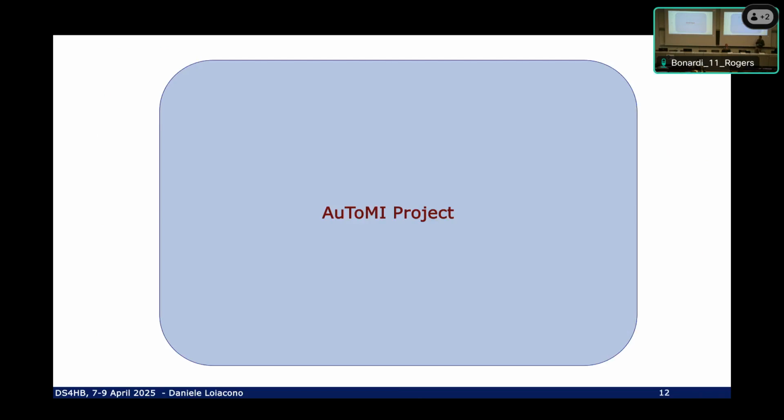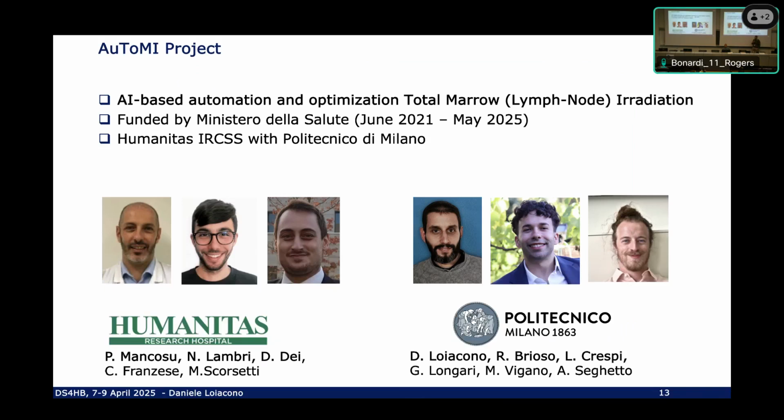The applications I'm going to present now are part of a project I was involved in, so I just wanted to mention something about this project. The Automi project is a project funded by the Ministero della Salute, started in 2021, going to finish next month.